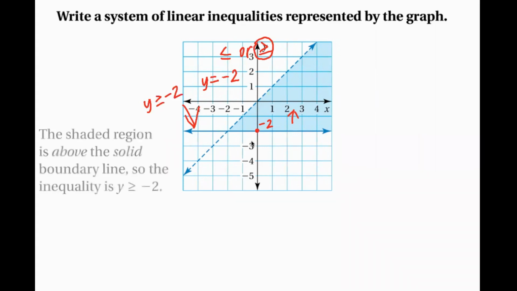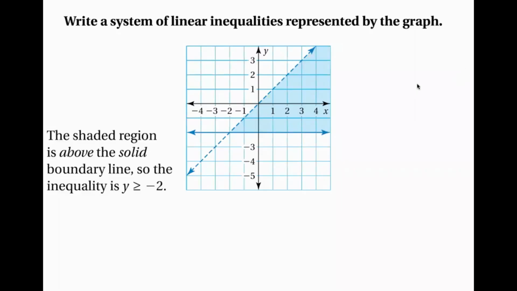And let's just go ahead and summarize the reasoning. The shaded region is above the solid boundary line, so the inequality is going to be y is greater than or equal to -2.